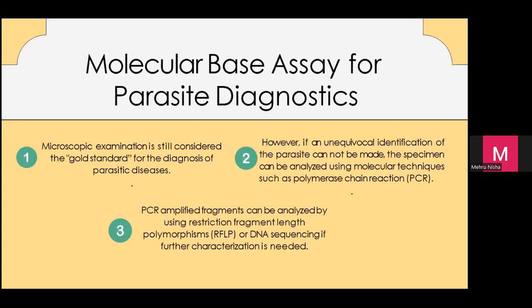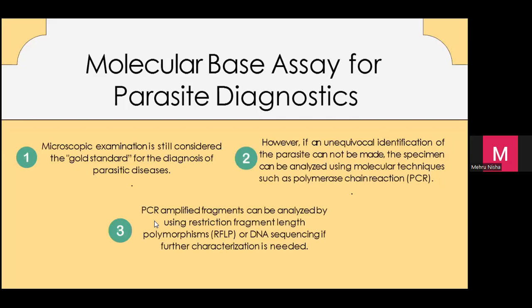Nampak macam telur Trichuris trichiura, tapi saiznya lebih panjang. Maybe ini Toxocara canis ke? Canis you know is dari anjing. So if you cannot make a decision, then the best thing, extract DNA and do a PCR. Solve all your doubts in this.